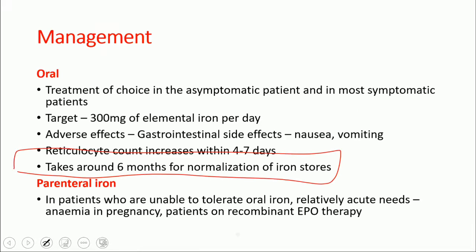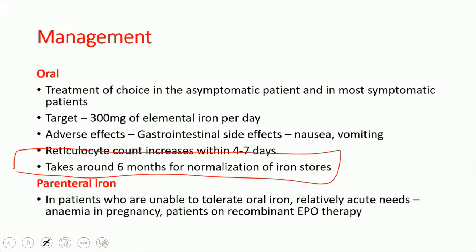The treatment is usually 1 year, so we continue the iron for 6 months beyond that point also. If they're taking the iron properly, they replenish their iron stores within about 6 months, and then you give another 6 months of treatment to top it up.